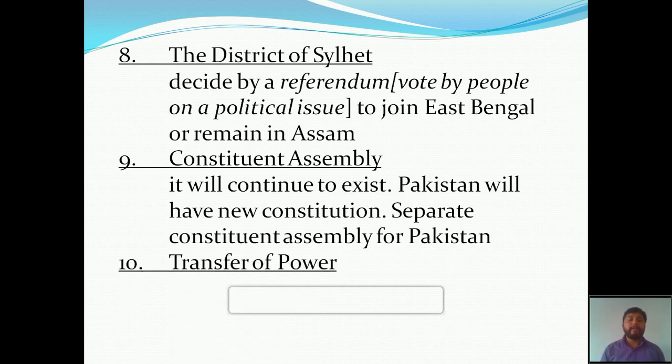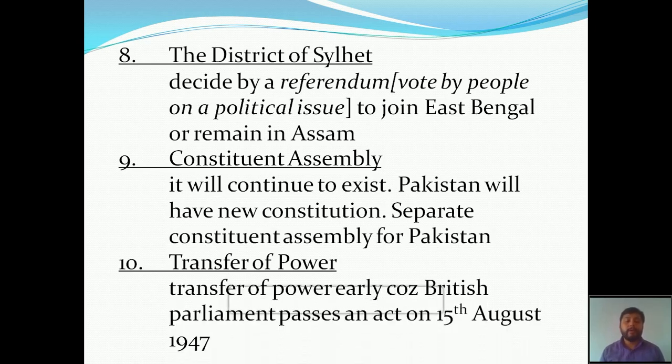And finally the last one is about the transfer of power. According to the last provision, the British administration will be transferring power quite early. Earlier, the British Parliament had promised that they would transfer power by June 1948. But here, according to the Mountbatten plan, they promised the power will be transferred to India before June 1948.